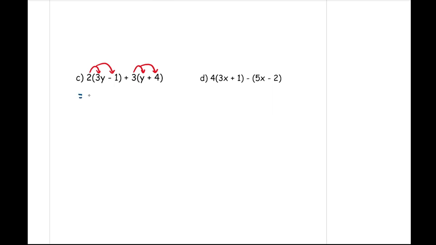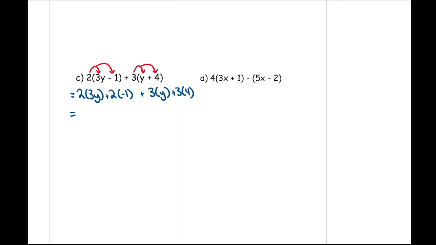So in this case, I end up with 2 times 3y plus 2 times negative 1 plus 3 times y plus 3 times 4. Again, you don't need to show that step if you're comfortable doing the multiplication as you draw your arrows.